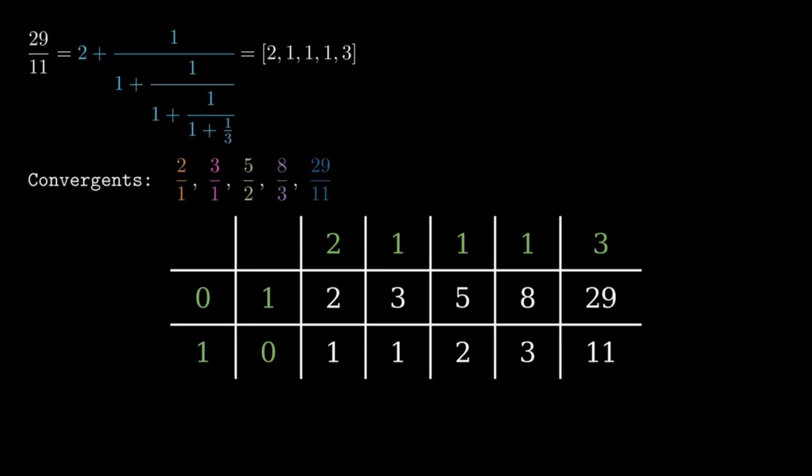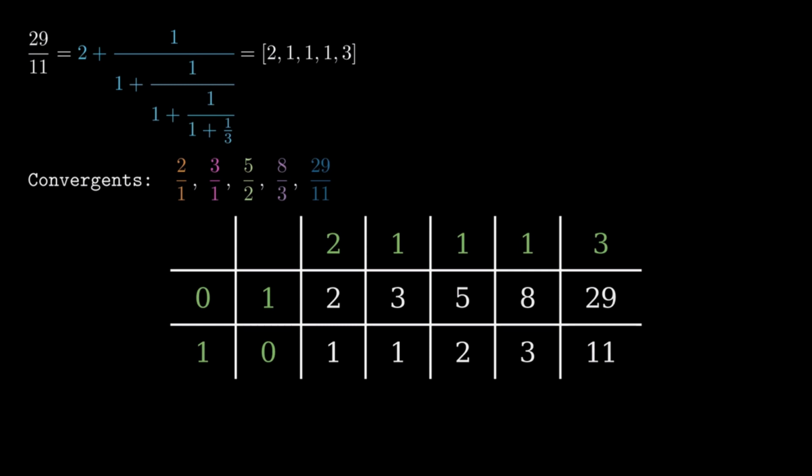Do you see a pattern? How about now? The pattern is that we can generate the next convergent just by looking at the previous two.